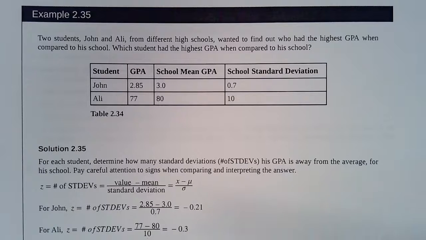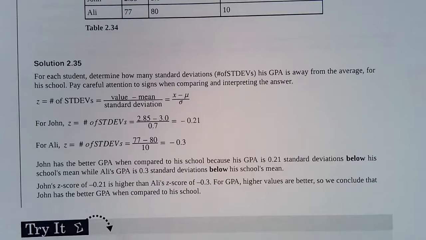All right, so now that we've converted them both to z-scores, we can actually compare them, and that comparison will have meaning. So when we look at John's, we can say that his 0.21 standard deviations below the mean is better than Allie's 0.3 standard deviations below the mean.